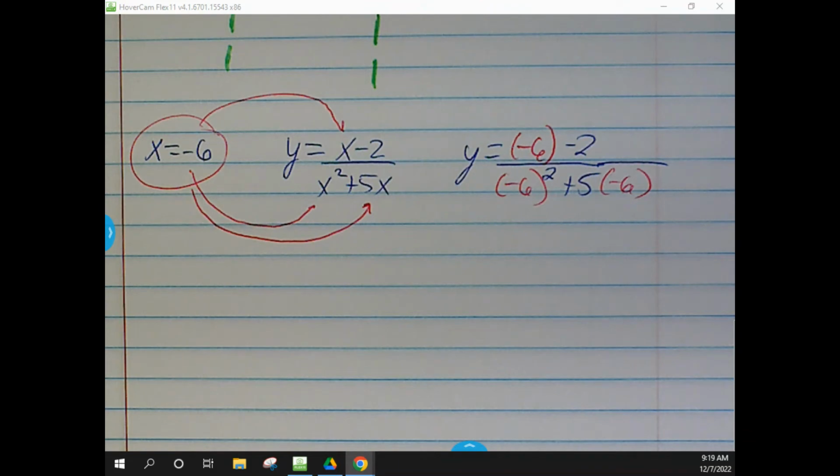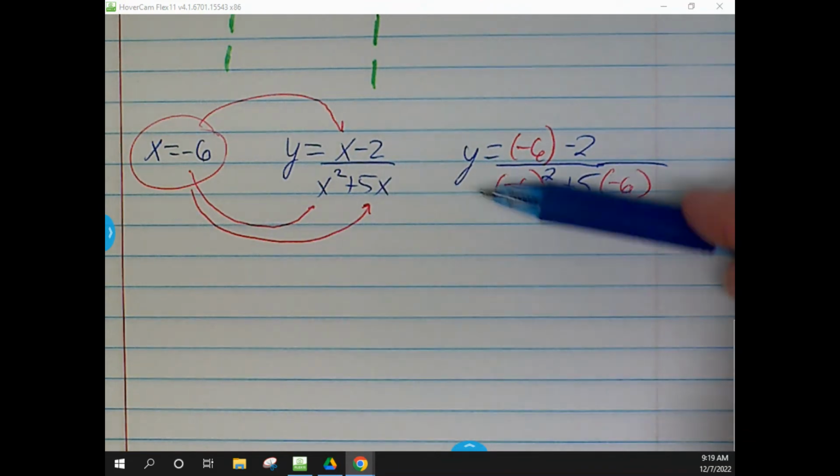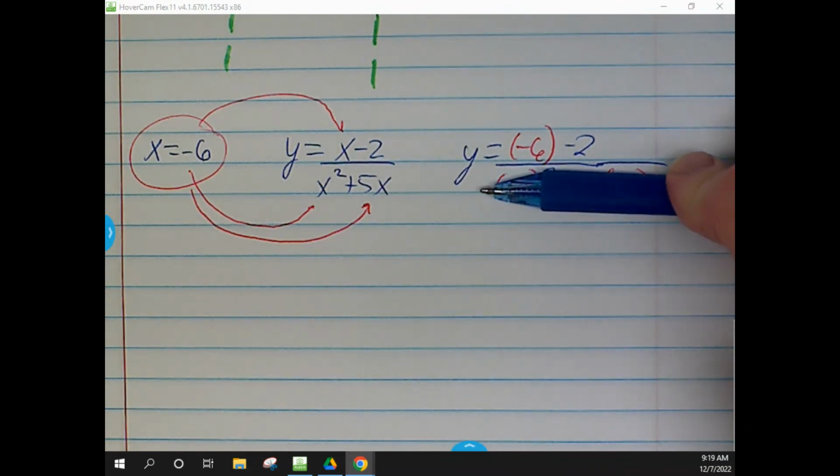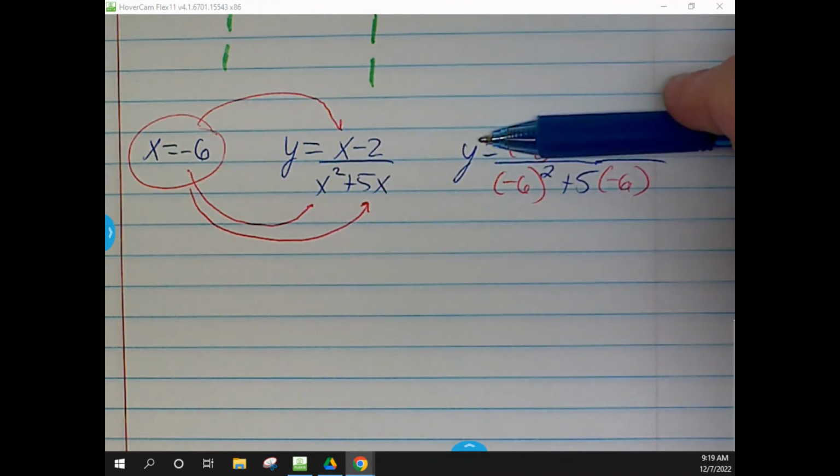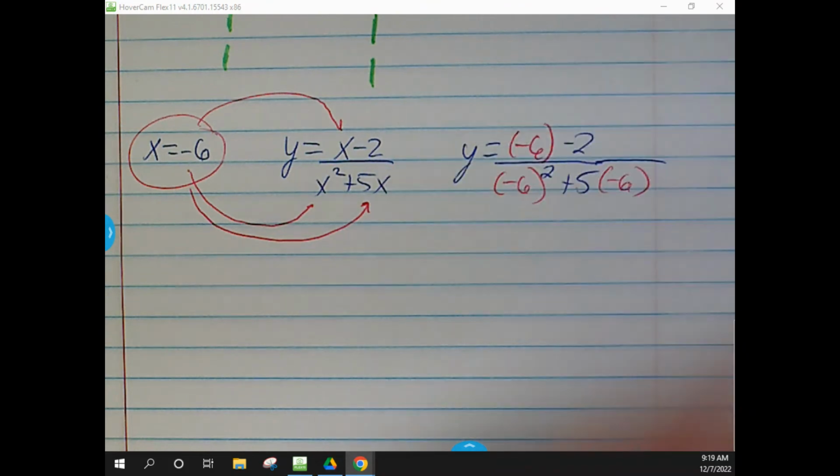It should make your life really easy because you can plug this in to find out what your numerator is, and then you can plug that in to find out what your denominator is, and then you've got the fraction that you need. If you've got a good enough calculator, Casio's, you can plug that whole fraction in and it will tell you what the answer is without having to work through that.